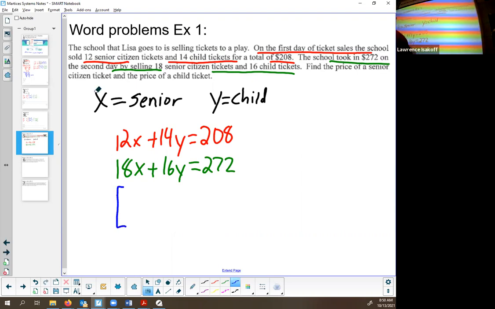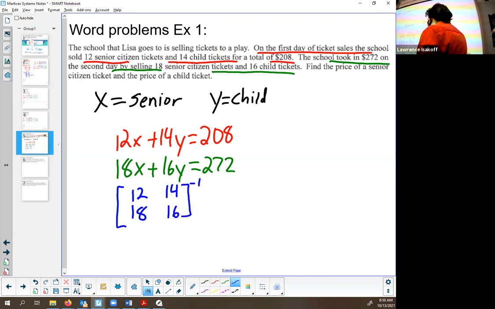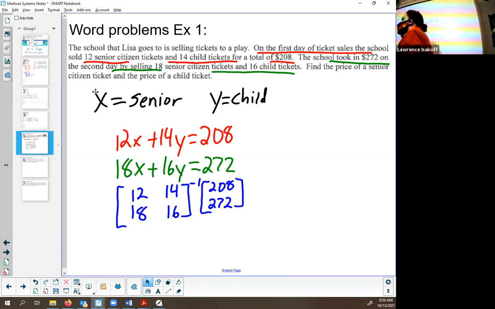So what we're going to do is just turn this into matrices like we were doing yesterday. 12 and 14 in the first row, 18 and 16 in the second row. Then my second matrix will be 208 and 272. So now I can just type this into the matrix calculator and have it solve it for me.